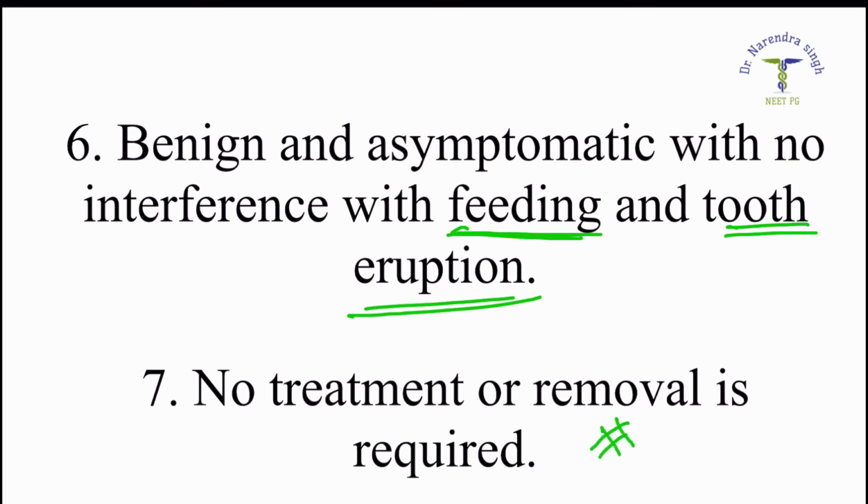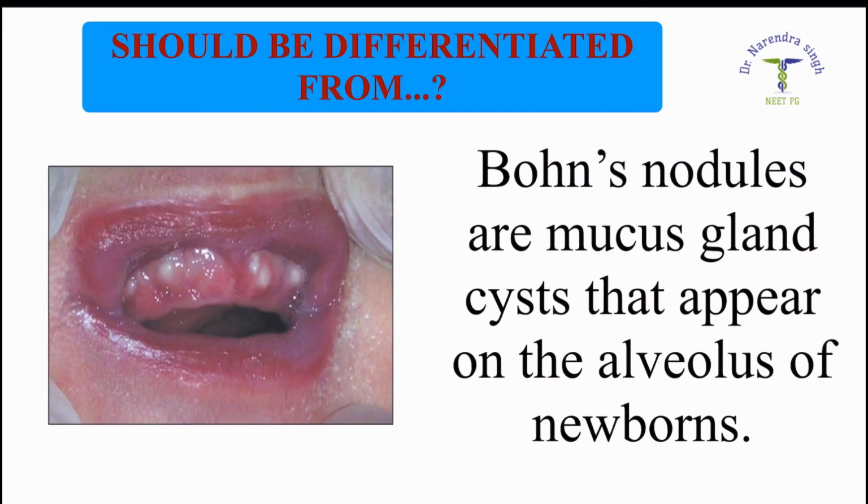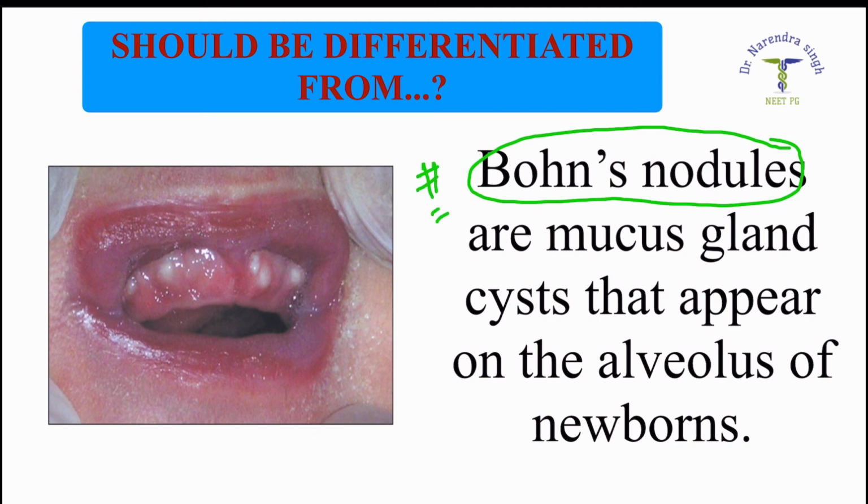One differential diagnosis that is most commonly associated and that we have to discuss is Bohn's nodule, which can be asked in the NEET PG exams as well as other viva exams of ENT. So what is the differential diagnosis for Epstein pearl? That is Bohn's nodule.